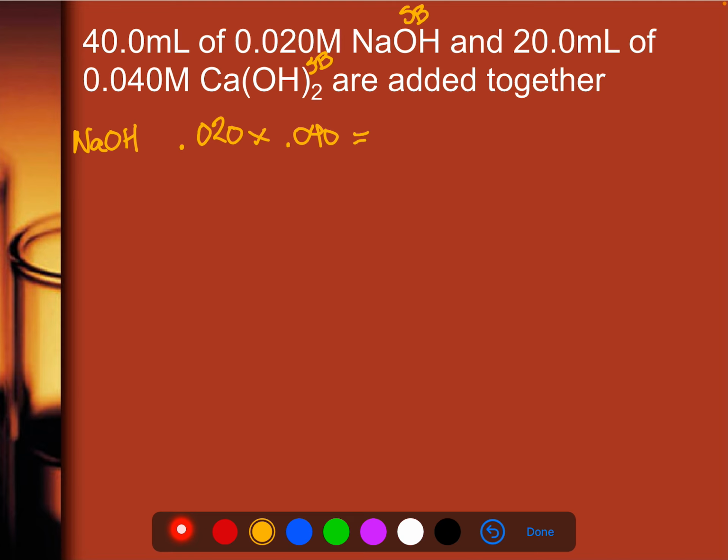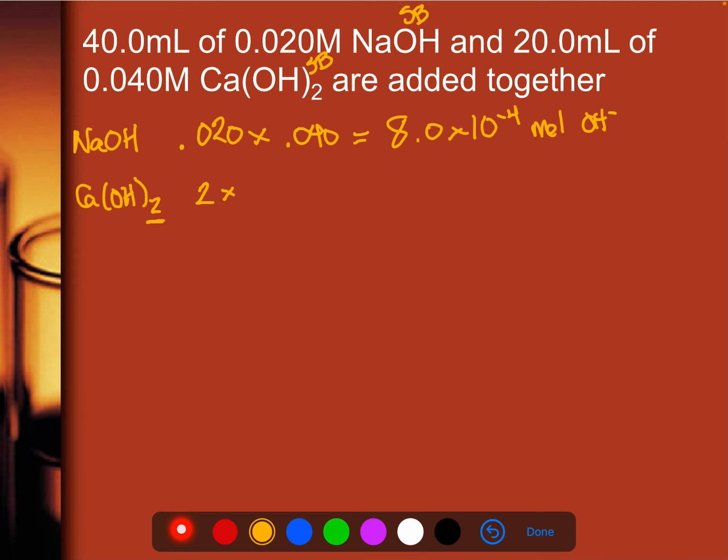So this would be 8.0 times 10 to the negative fourth moles of hydroxide. We need to do the same thing for the calcium hydroxide. And one thing to be careful of: in calcium hydroxide, there are 2 hydroxides, so our number of moles multiplies by 2 automatically because of that subscript.